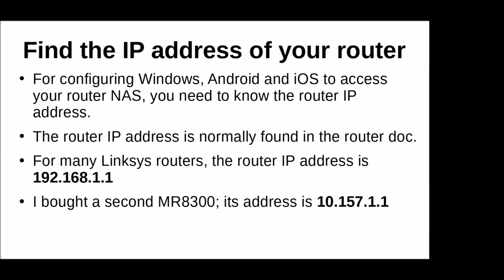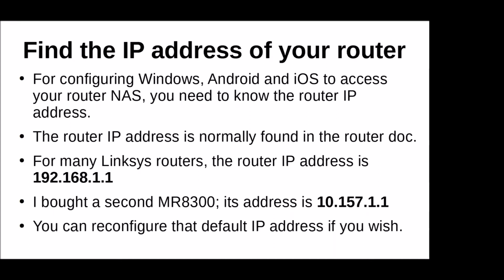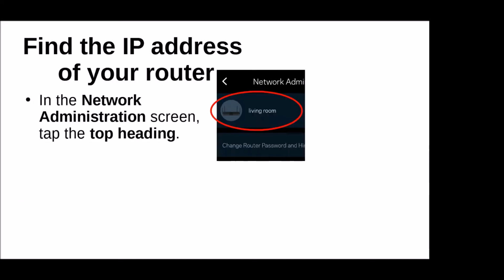Now, that's obviously a reserved address range, and I have no idea why they changed it between the first version of the router and the second version, but they did. And as I said, if you really know what you're doing and you have a reason, then you can reconfigure that default IP address if you wish.